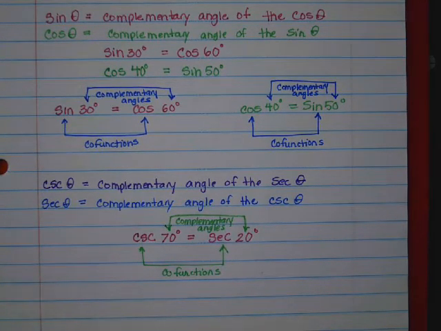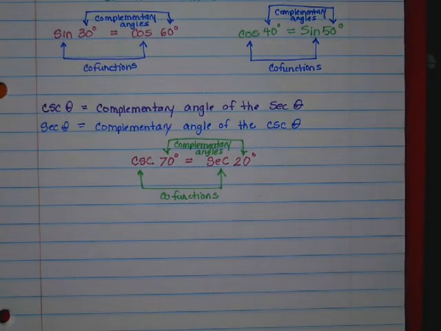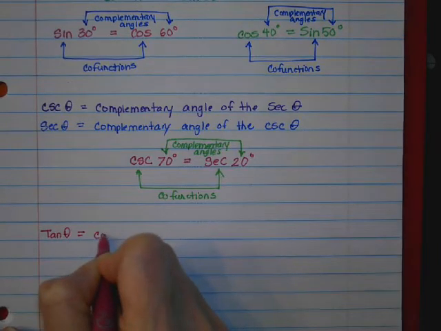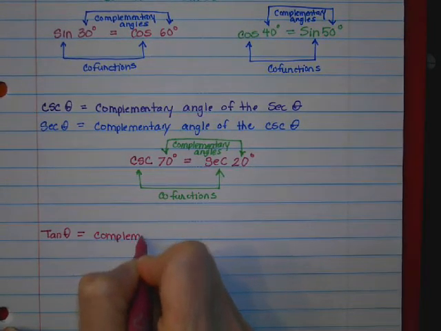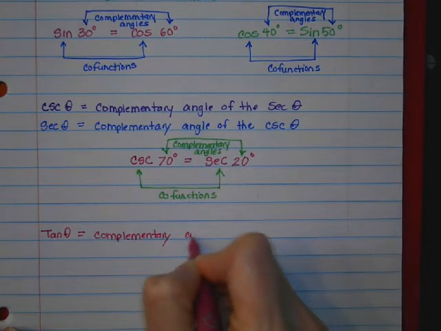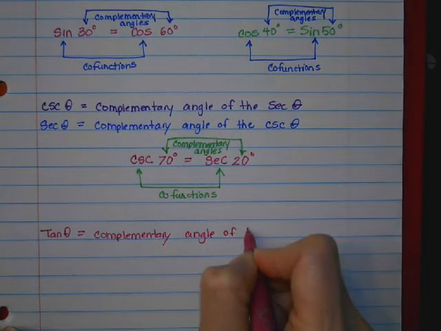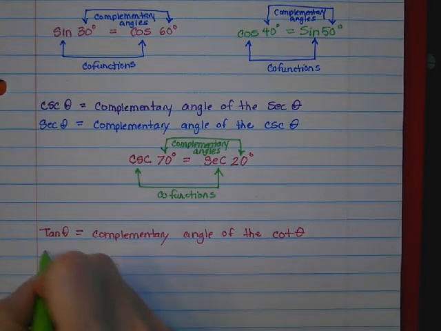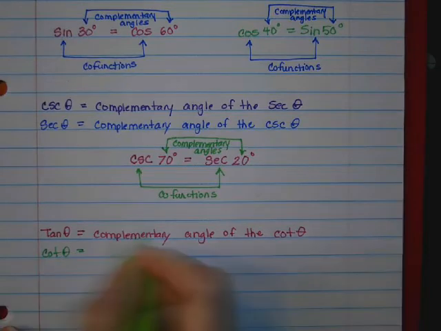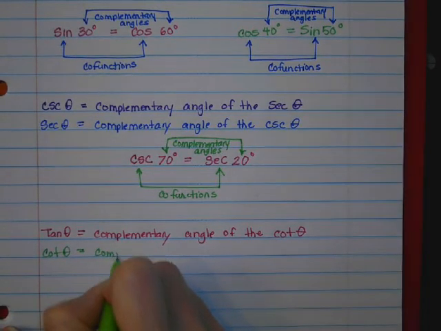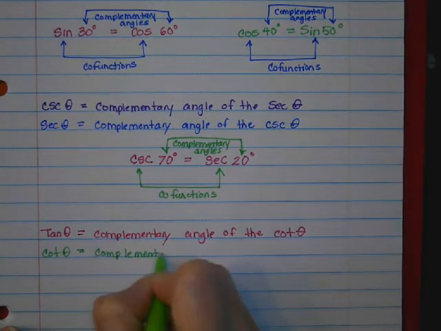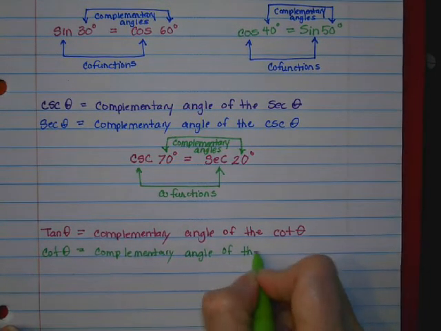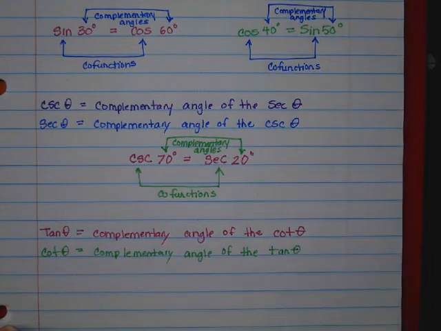Now we're going to move into the final set, which will be the tangent of theta equal to the cotangent of the complementary angle of theta, and the cotangent of theta will be equal to the tangent of the complementary angle of theta.